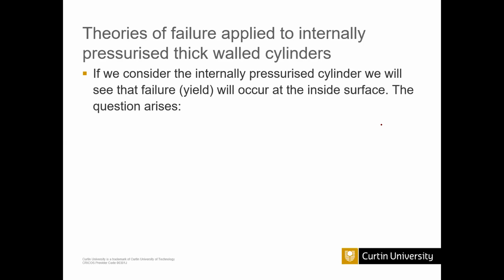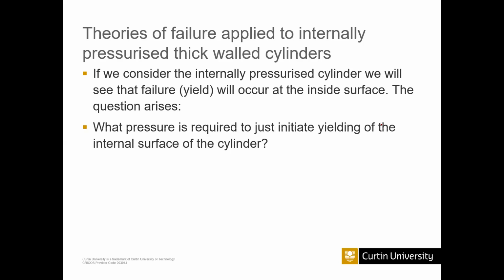The maximum stress magnitude is the tangential stress at the inner surface of the cylinder. So normally it will fail as a yield failure. What pressure is required to just initiate yielding of the internal surface of the cylinder? So what is your suggestion?